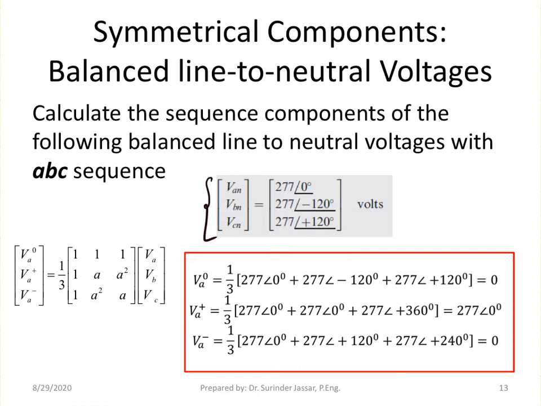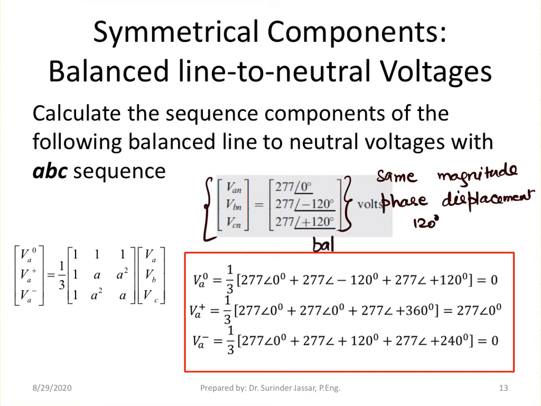If you pay attention to it, the three phases have the same amplitude, and the phase displacement is 120 degrees. So this is a balanced system actually.